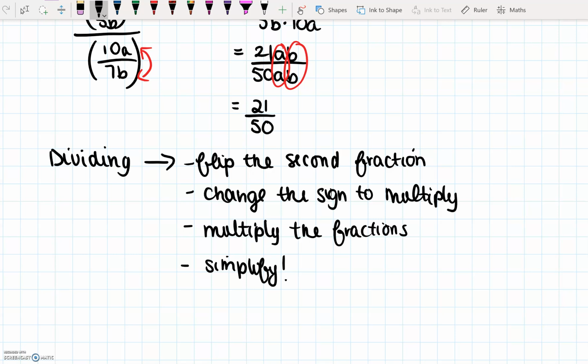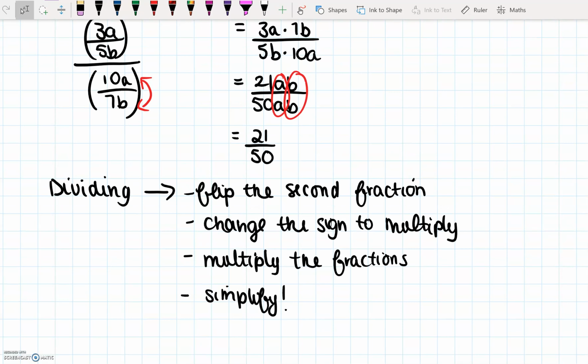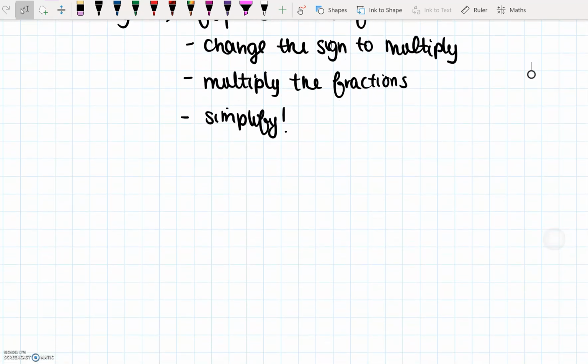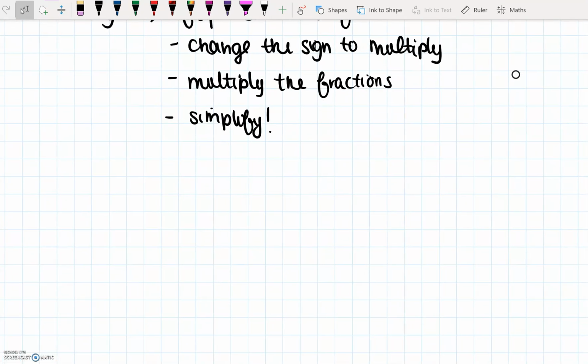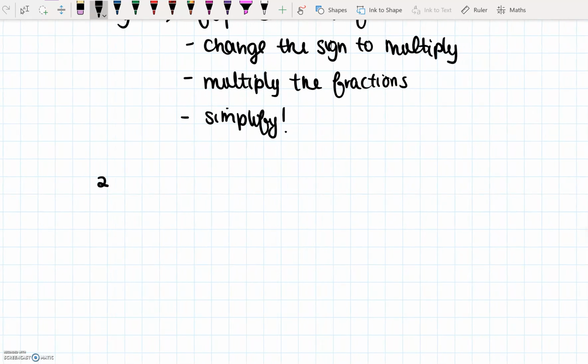Now one other thing you have to consider here is that sometimes you might have something like, and I'll just use numbers for this, 2/3 divided by 7. So you've got a fraction divided by what looks like just a whole number. Now remember, if we have a number and we want to make it look like a fraction, just divide it by 1, and then now it's a fraction.